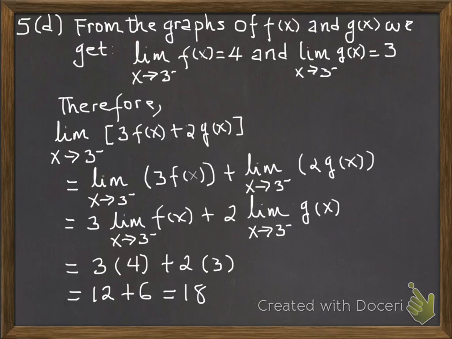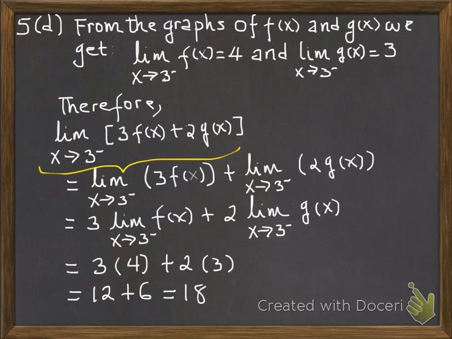And similarly, 5d, the question is to compute this limit. In order to compute this, we cannot just simply plug in 3 here, because the graph of 3 times f of x is not given, the graph of 2 times g of x is not given, and the graph of the sum is not given.